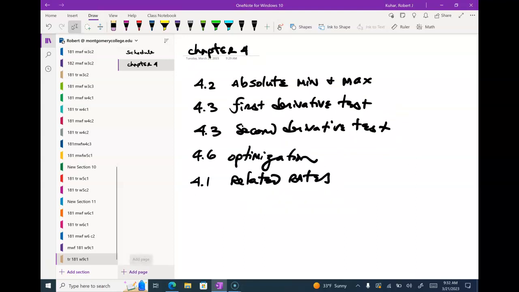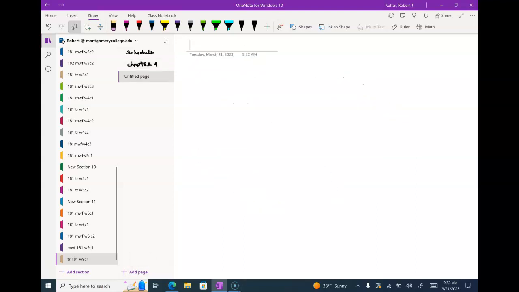Nice. So let's start with 4-2 today. And basically 2 types of problems in here. We're talking about absolute min and max, and you'll see local min and max as well. So absolute min and max.